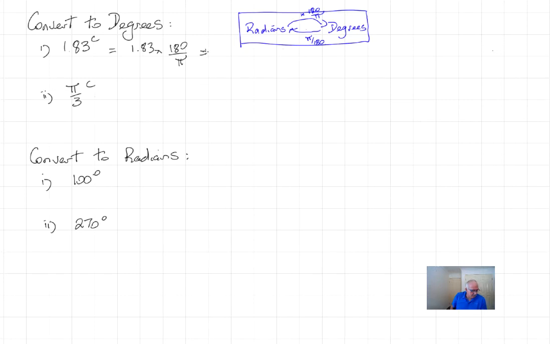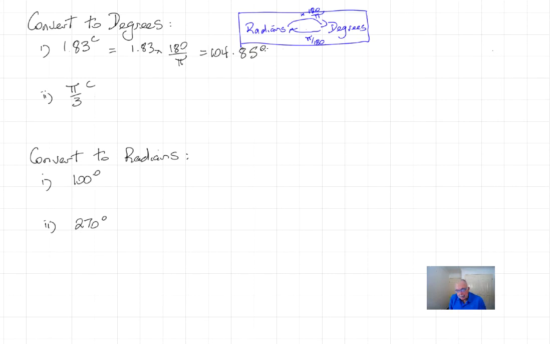And when we do that, use your calculator, use the pi button on your calculator, 1.83 times 180 all over pi, and we get an answer of 104.85.